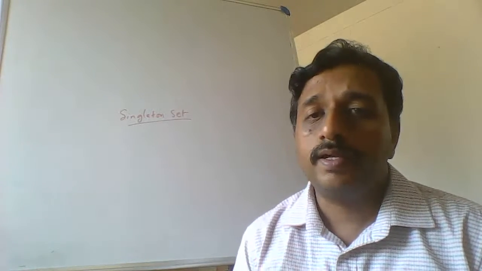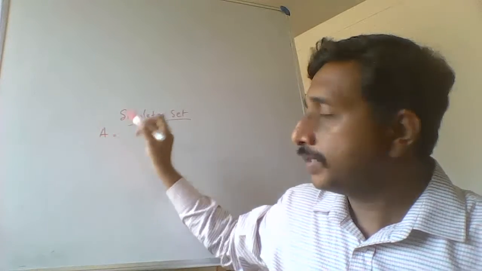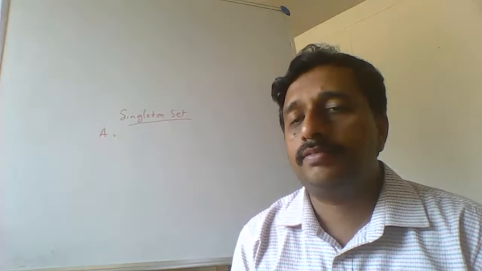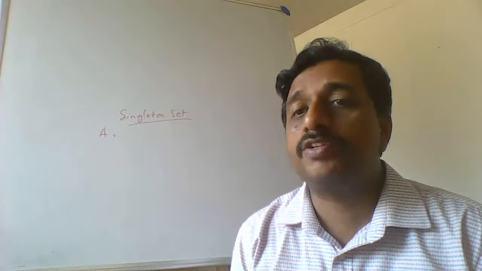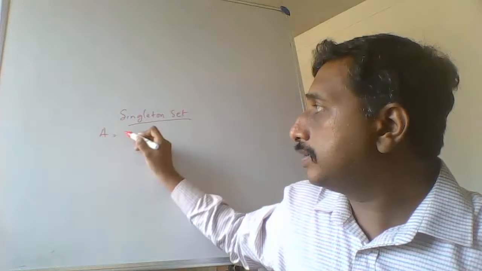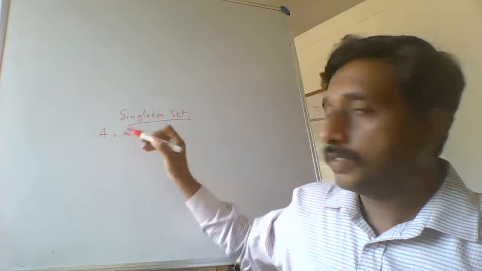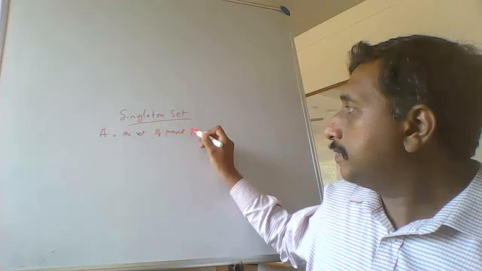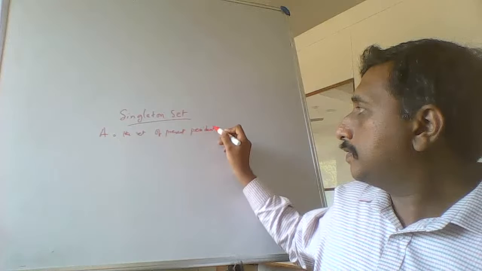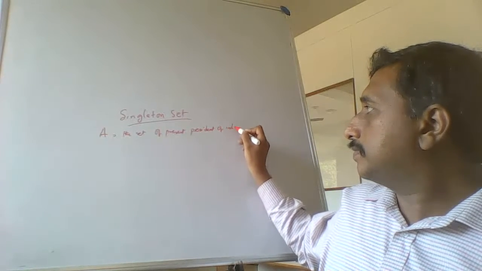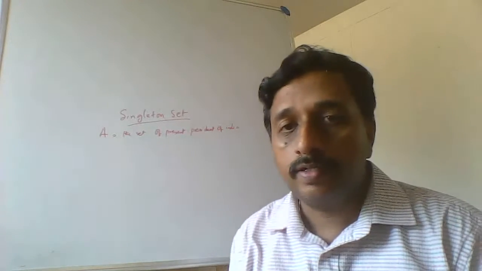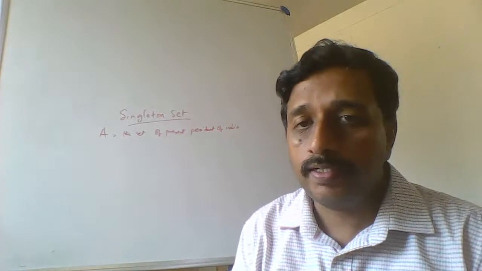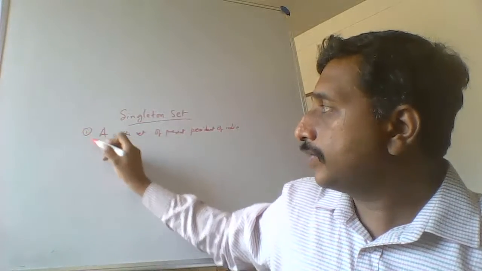For example, if I have set A, the set of the present president of India. So it is a singleton set, and this is one such example.